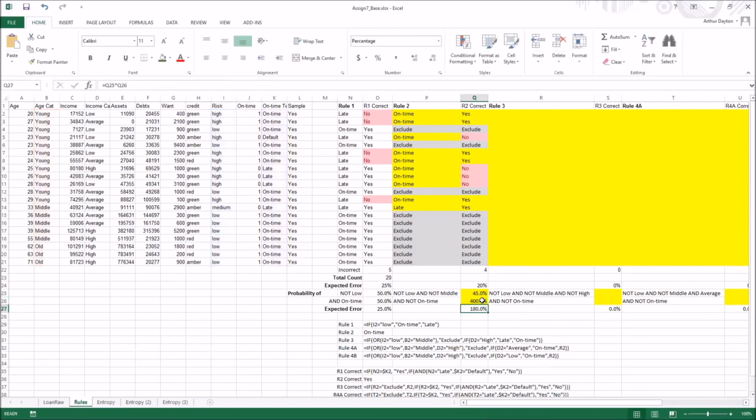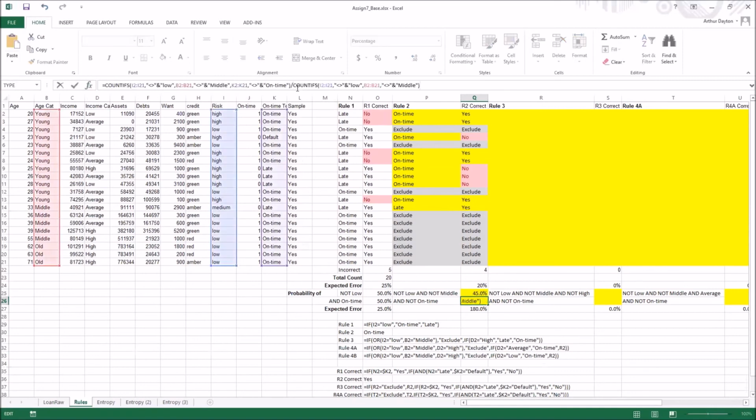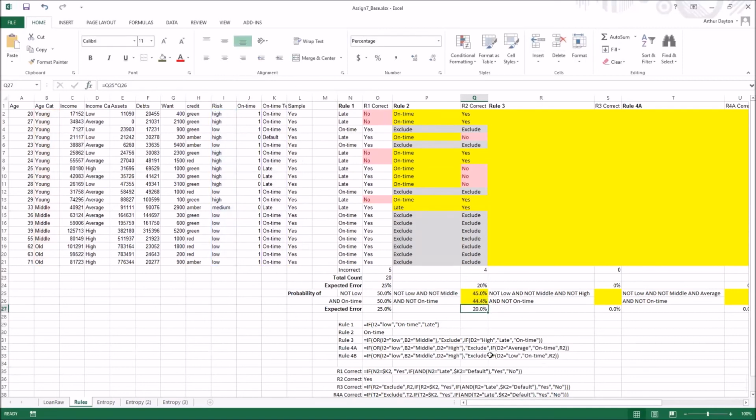And then in order for this number to be correct, it has to be within the context of the first probability, which means we just need to divide it here. And then we can see that these two probabilities multiplied by each other give us that same 20% value, right?